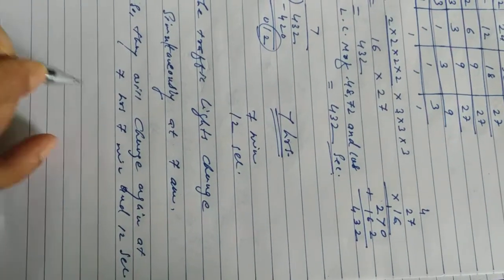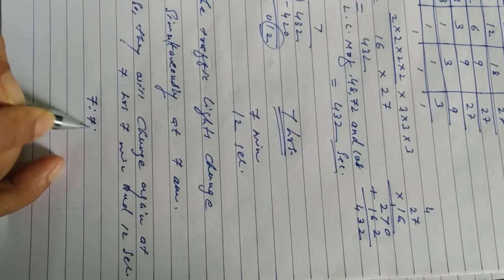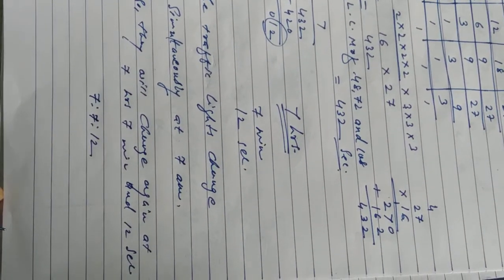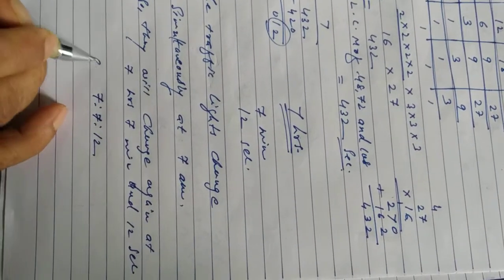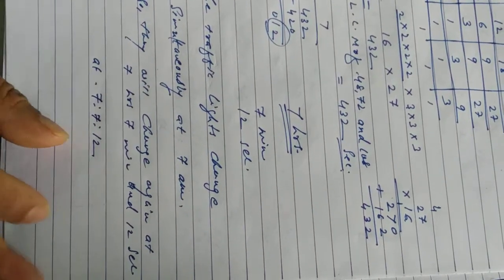Understood? 7, 7, 12. Understood? Sure? Good. Let's go for the next one.